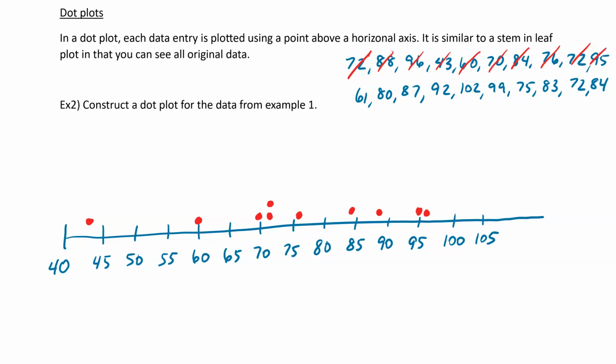95. 61. 80. 87. 92. 102. 99. 75. 83. 72 again, so we're just going to put a third dot there.